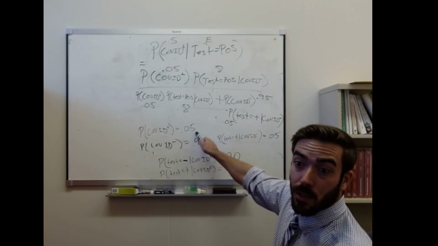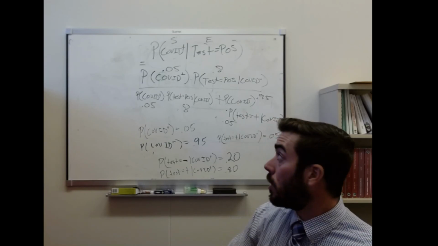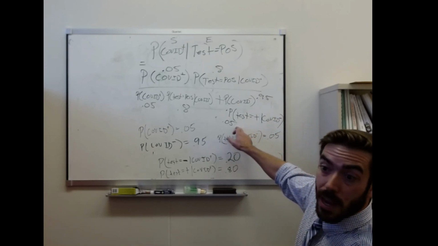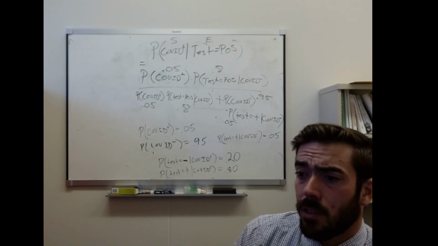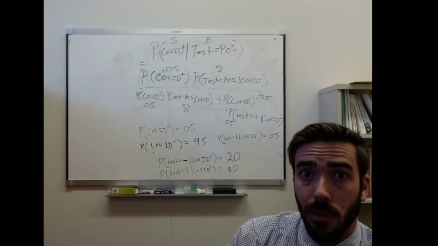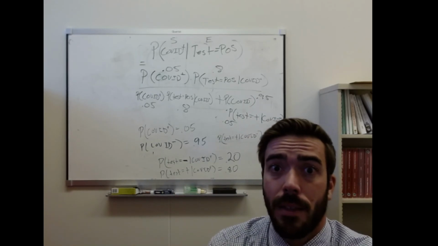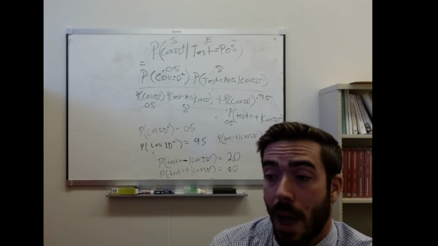If we tested everybody, these false positives end up being quite a large number of people, right? These probabilities, we can also think about them as frequencies. And so you're going to have way more people that have false positives, because there are just more people that don't have the disease.